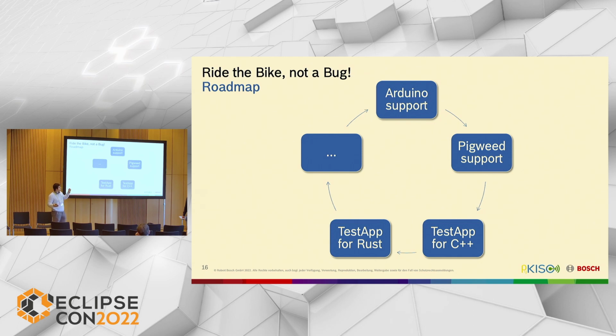We still have wishes, and as soon as we have some more time, we will work on them. We would like to support Arduino. We would like to support SIGWID too. Internally, we also have test apps developed that enable us to do unit tests on target. We have one available in C++, and we need to bring it open source. And the next one is a test app for Rust, which we also would like to do.